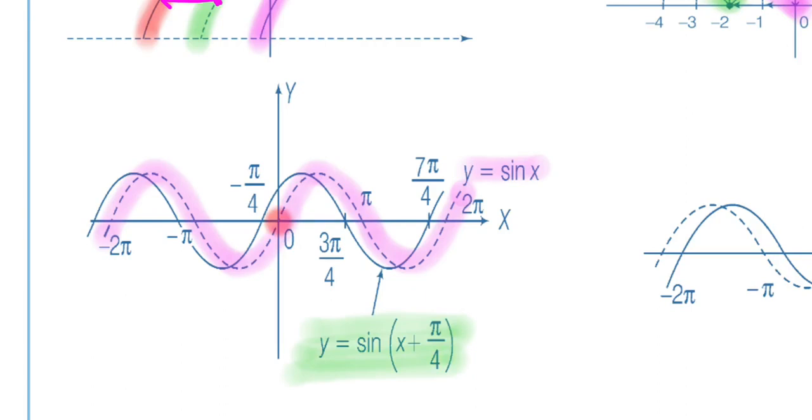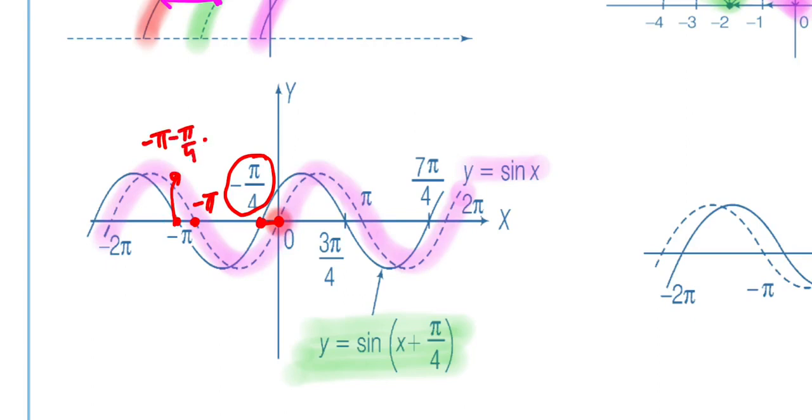This point is the point 0. This point is shifted to the point minus pi by 4. This is the point minus pi, and it is shifted to the point minus pi by 4.